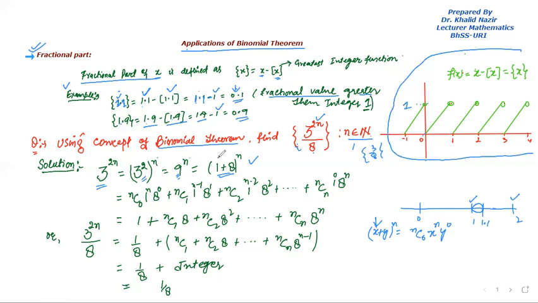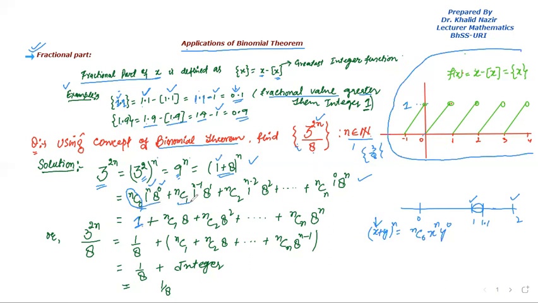That is why I have put 1 first, because I have to put the highest power on it. 1 raised to any power would be 1, right? Then go on decreasing the powers of 1 and increasing the powers of 8. Now nC0, as already calculated in the previous lectures, is 1. 1 raised to the power n is 1, anything raised to the power 0 is 1. So this whole quantity is actually 1.